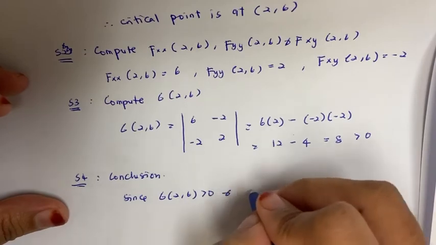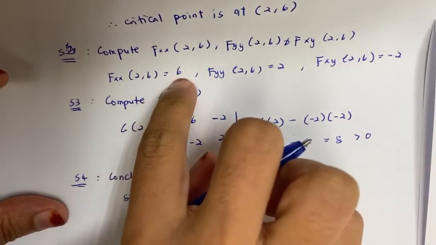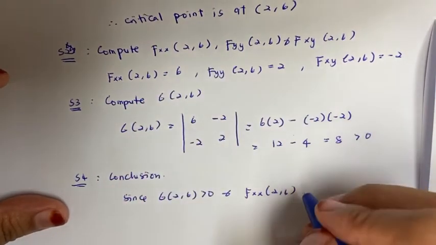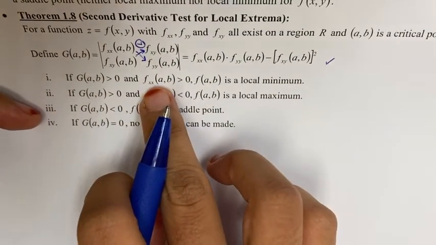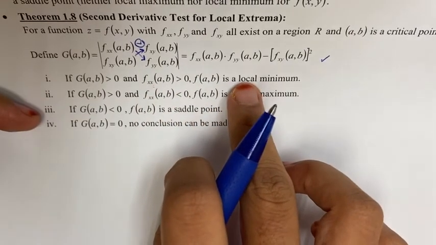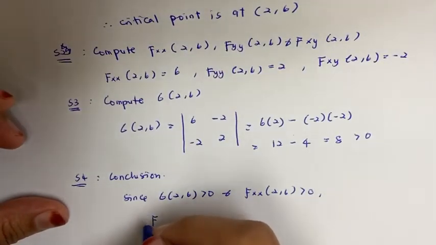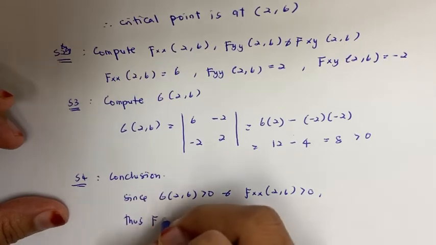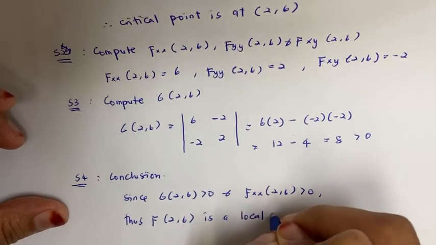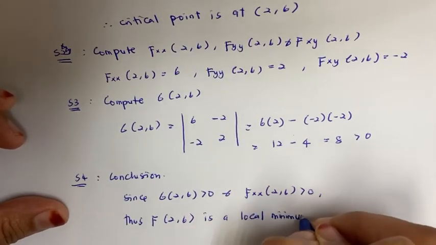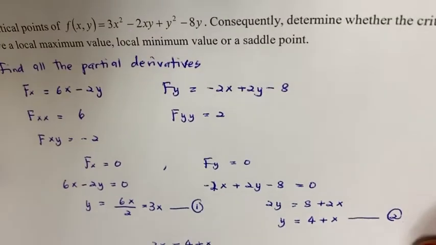Next, look at our fxx at 2, 6, which is equal to 6, and 6 is greater than 0. So both G and fxx are greater than 0, so our point is a local minimum. Thus f(2, 6) is a local minimum. So these are the 4 steps of solving for local extrema.